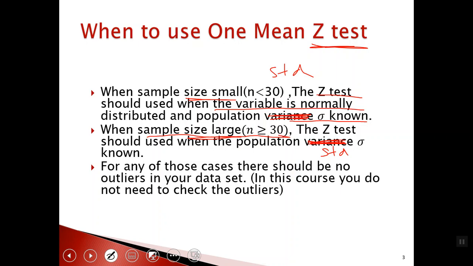If you fulfill these two conditions without having any outliers, you can use the Z test. Actually you don't need to consider outliers in this section, because for this section in your course there are no outliers. So in general, if there are no outliers in your data set, and they also satisfy these conditions, then you can use the one-mean Z test.